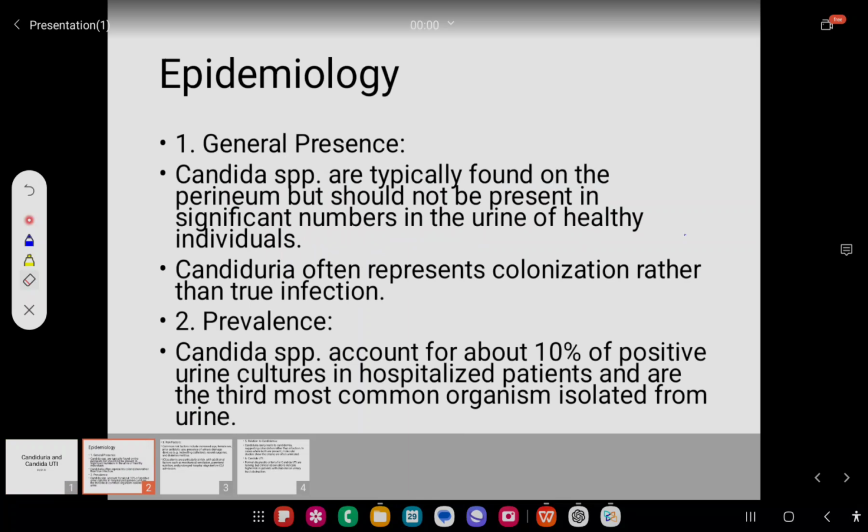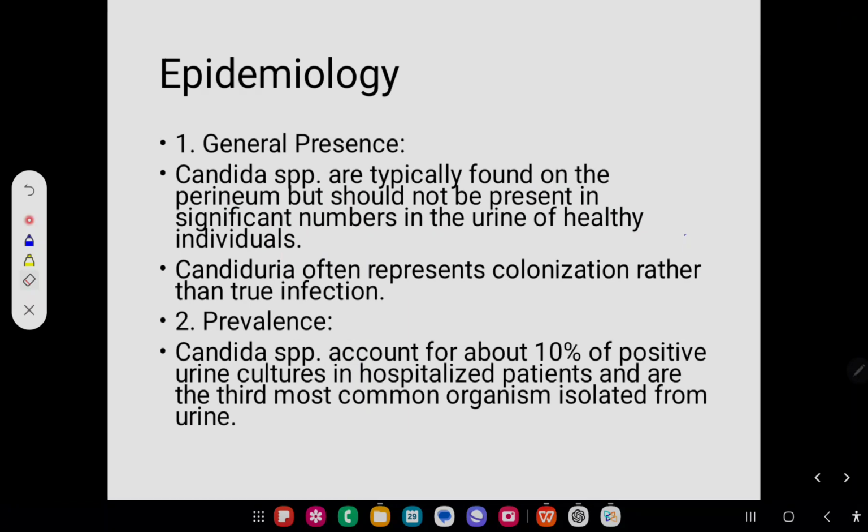So here comes the question of what's the difference between colonization and true infection. I am going to address this difference.